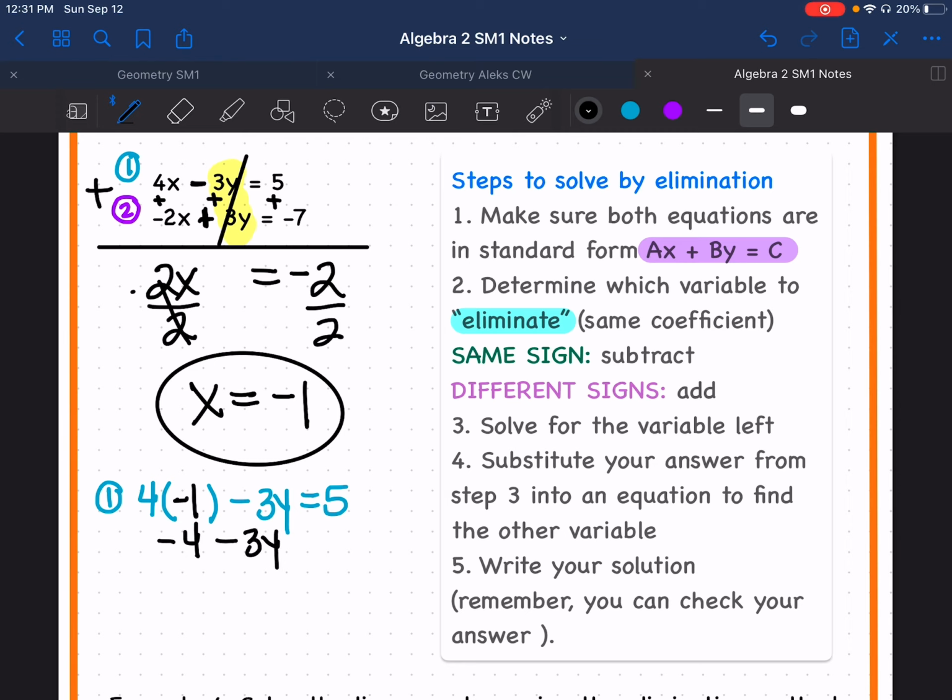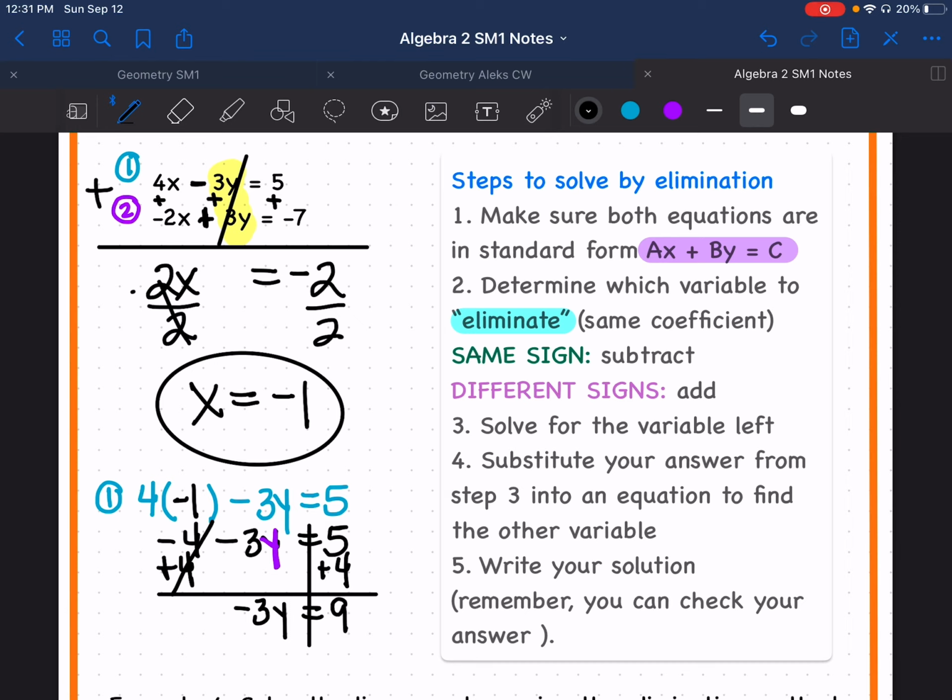I'm going to do the multiplication. And now I have an equation with just the variable y that I can solve. I'm going to take my add or subtract and get rid of it. Be careful. It looks like subtract, but it's a -4. So I'm going to have to add that 4 to get it to the other side. Which leaves me with -3y equals 9.